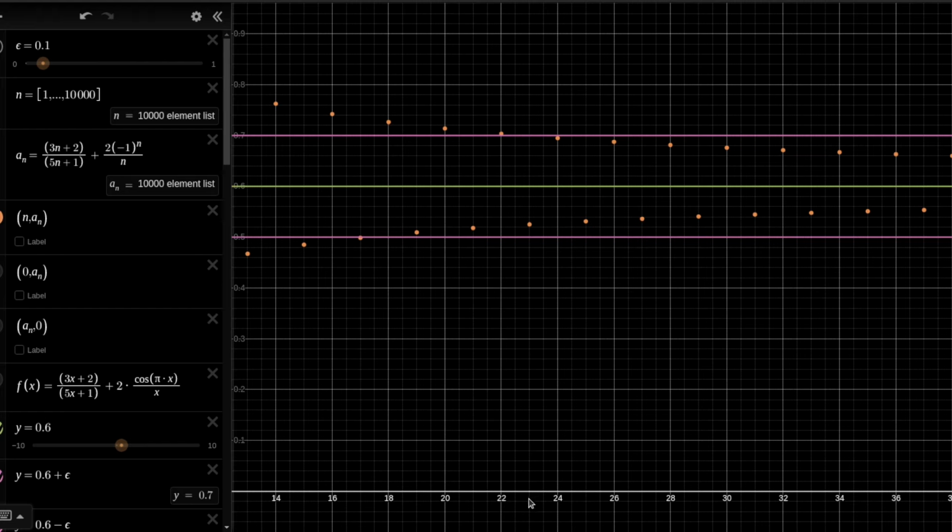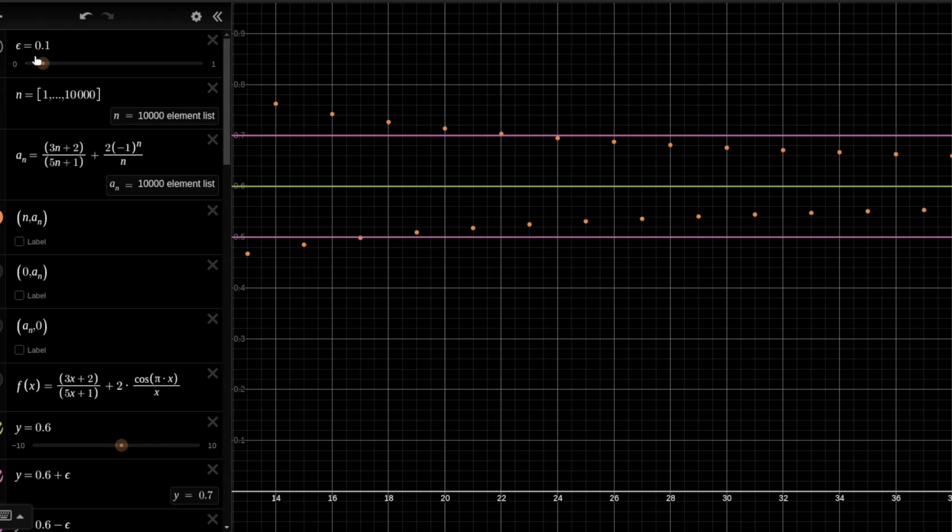But we see that starting from element 24 even and on, the distance of all the elements with index 24 or bigger, the distance between them and the limit is smaller than 0.1.